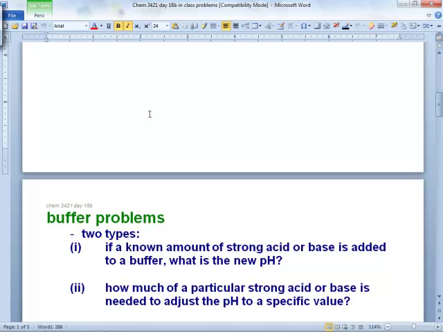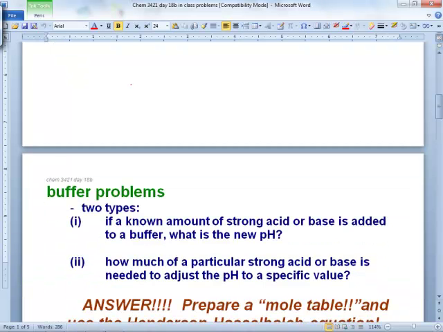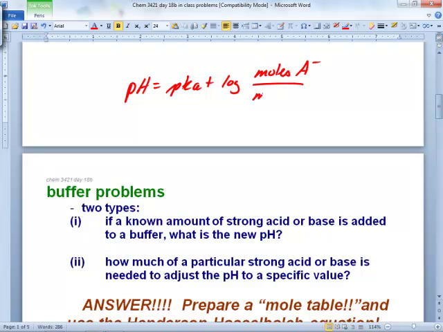So we should probably write down that little expression. Might help you see what's heading our way here. pH equals pKa, and let's write the form I like: moles conjugate base over moles conjugate acid. So let's say we add some strong acid, just to give you the big picture of what's going to happen here.